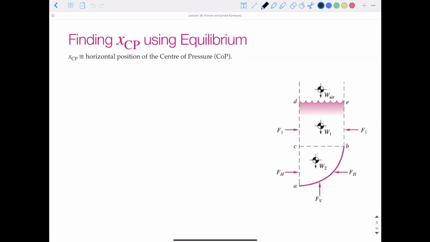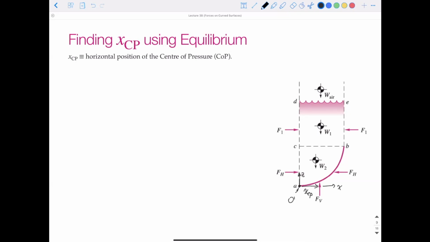So just like we did from before, in order to determine where this center of pressure is acting, the line of action of the vertical component, XCP, we're going to just balance the moments from some point. So we can choose arbitrarily, our origin is going to be here, and we'll say this direction is where XCP is acting. This is our x-axis, and then this would be our z-axis.